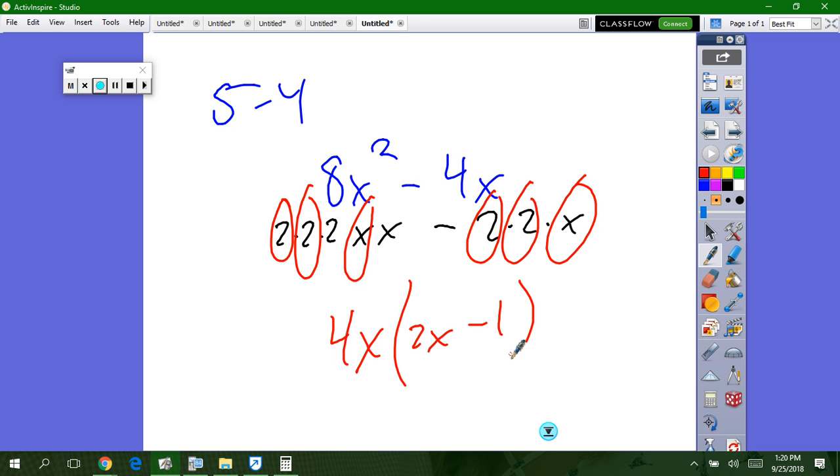But everything's always multiplied by 1, correct? So I need to have that placeholder. Would you guys agree that 4x times 2x minus 1 and 4x times 2x are two different things? Because if I distribute this, I just get 8x squared, whereas this gives me 8x squared minus 4x, right? That loses a placeholder if you don't keep them there. Okay, you guys good with that?